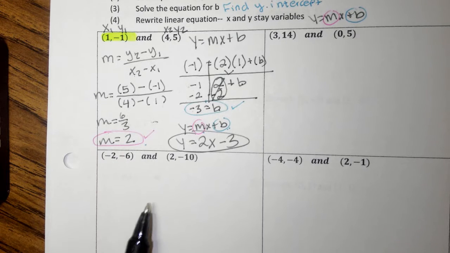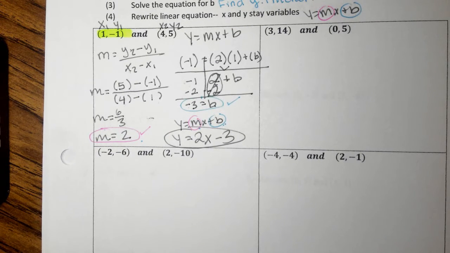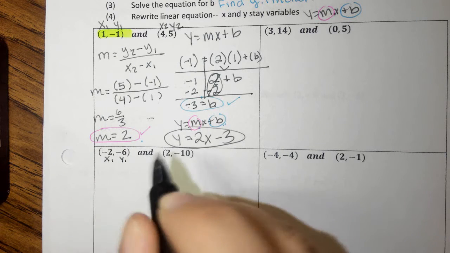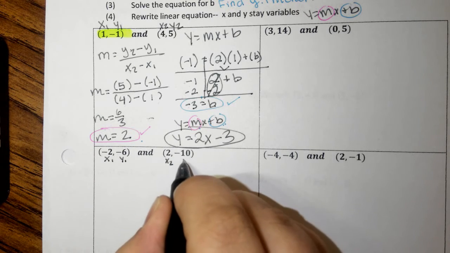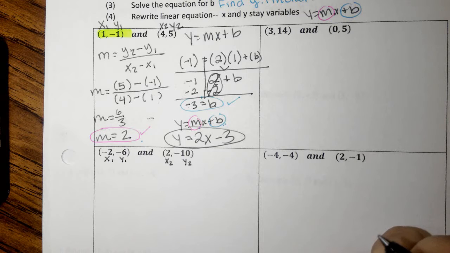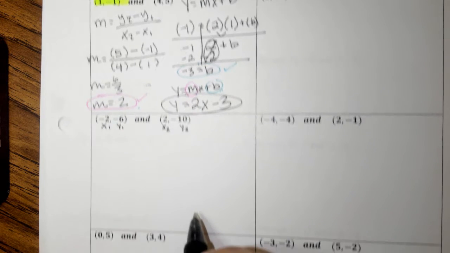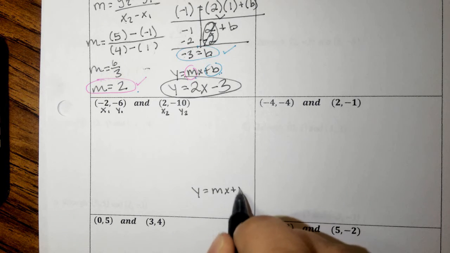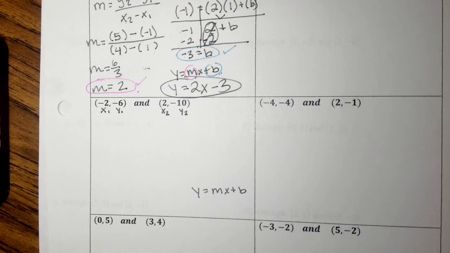Let's do the example on the bottom now. First, let's go ahead and label our ordered pairs, x1, y1, x2, y2. Our goal is to write y equals mx plus b using numbers in place of the slope, or m, and the y-intercept, or b.